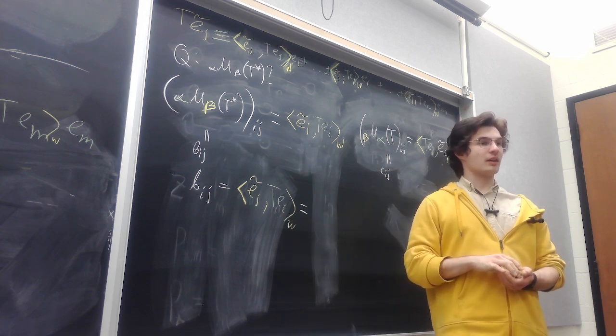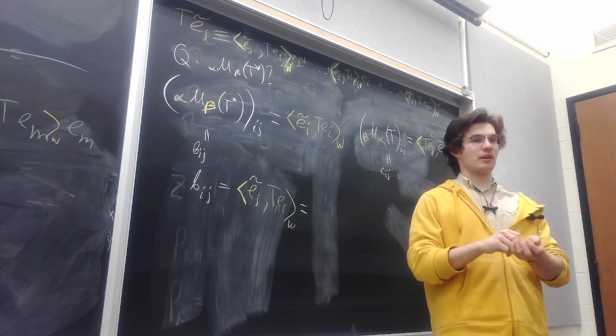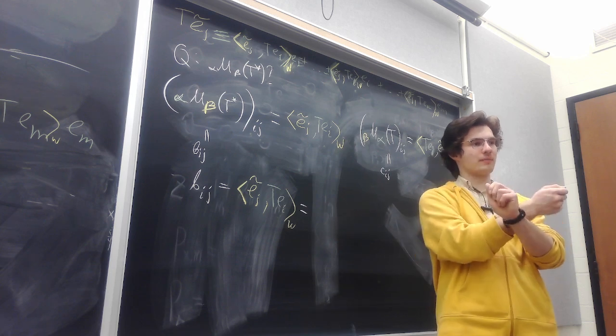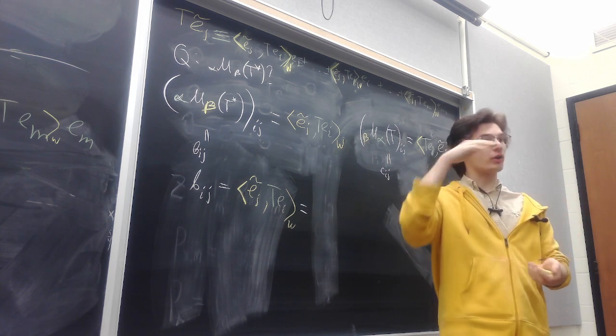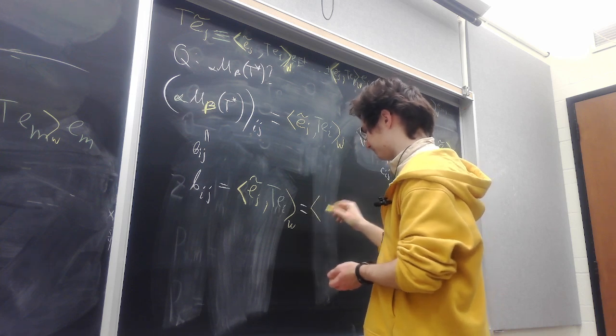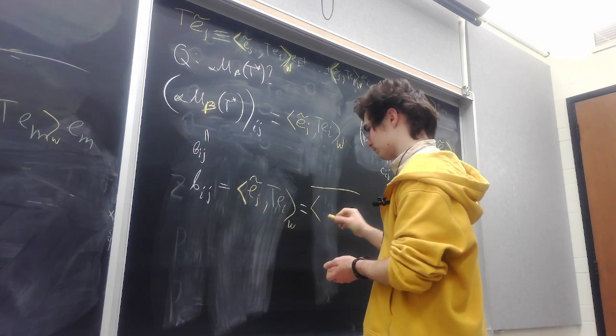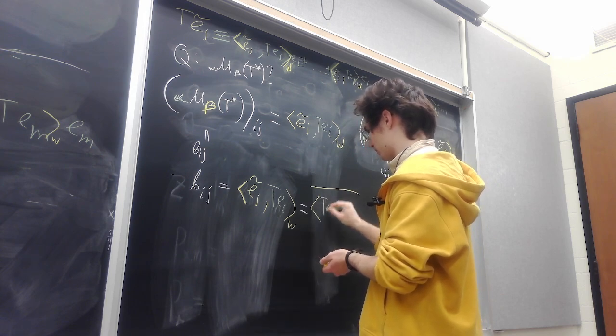If you remember, the inner product is skew symmetric. So if you flip the entries, it would be equal to the same thing, but the conjugate. Okay? So I can then write this. Wait, could you clarify one thing?